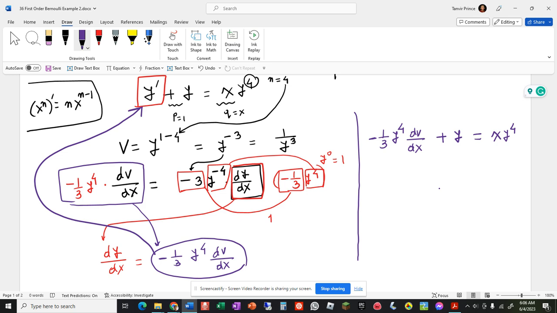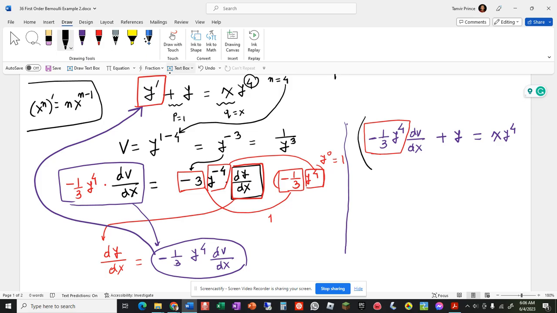Once you do that, the next step is to make the coefficient of dv dx equal to 1. So how do I do that? Well, you have to multiply both sides by the reciprocal of it.